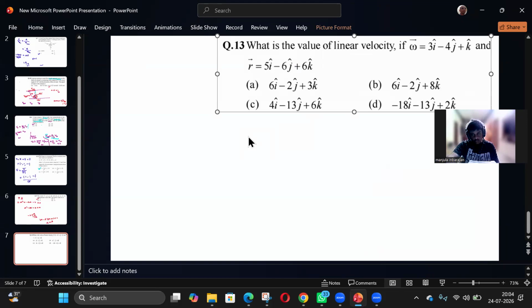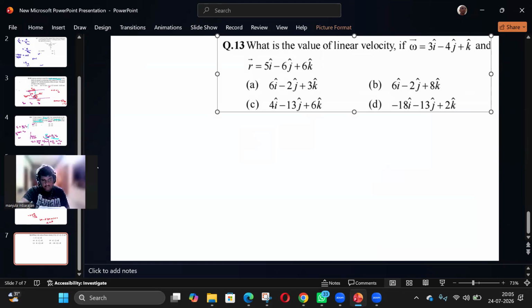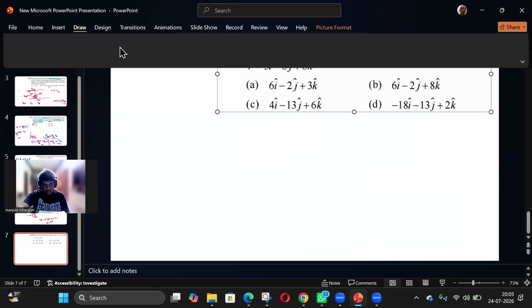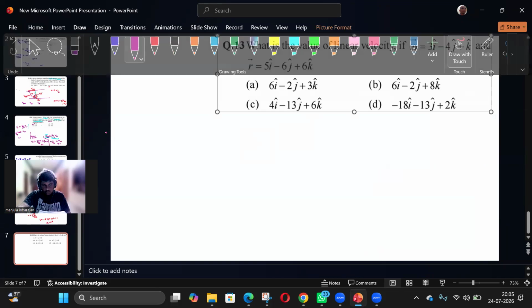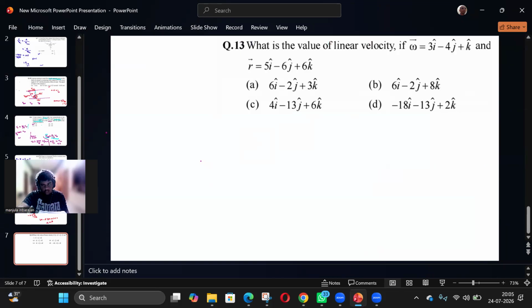So what is the relation between V, omega, and R? You have to know the relation between V, omega, and R. They are vectors.